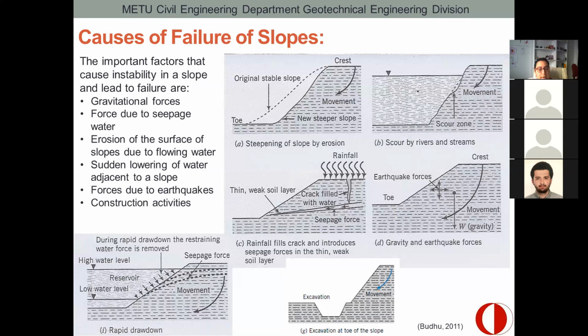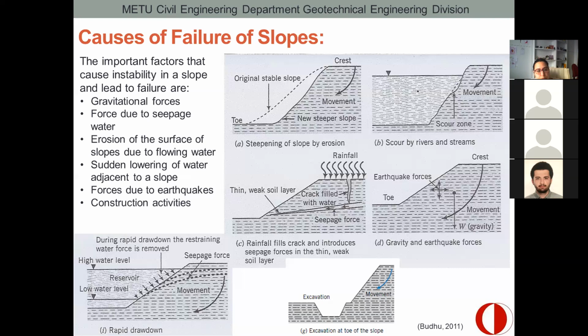Especially in highway embankments, the slope failures may close the highways for several hours, sometimes several days, which are important hours, especially after the earthquake, because all the equipment that is going to help with the damage should reach the earthquake-prone area. However, when the highways are closed, the lifelines are closed. Therefore, it's very important to consider the earthquake forces, especially in earthquake-prone areas, for slope stability analysis.